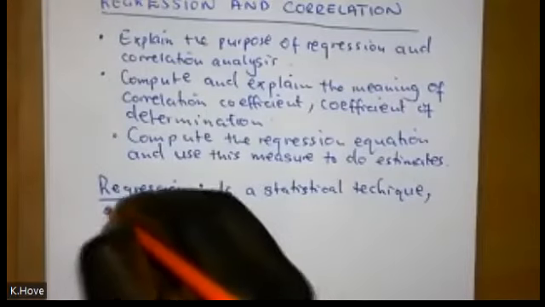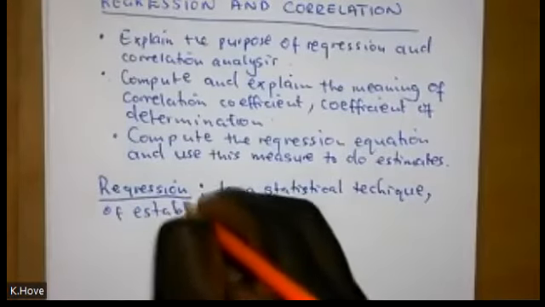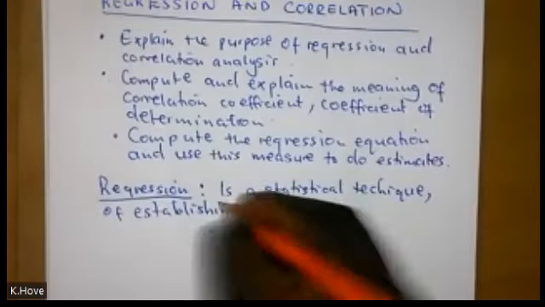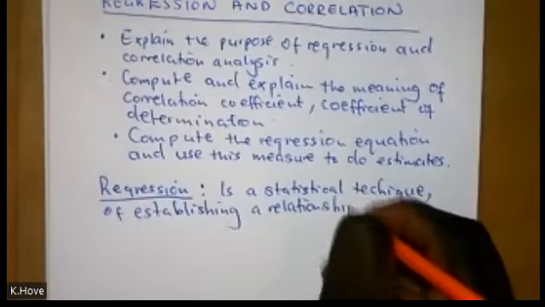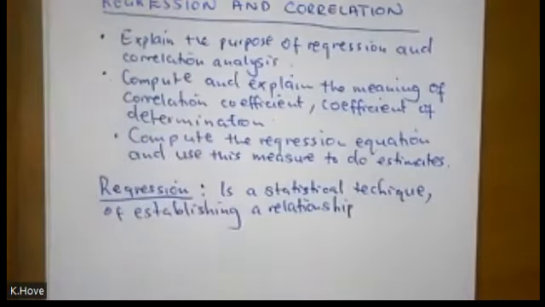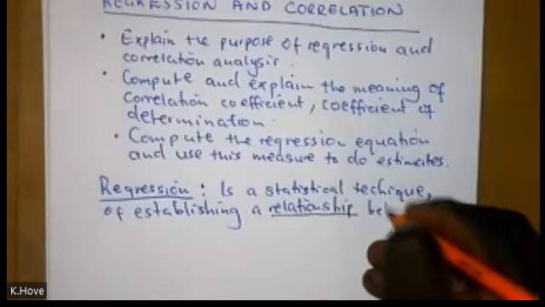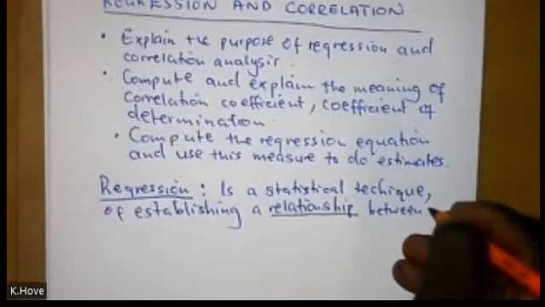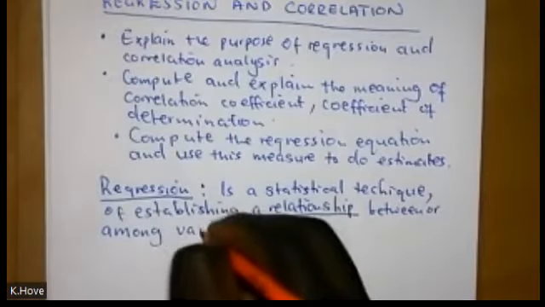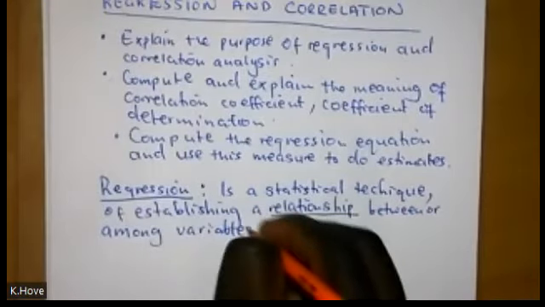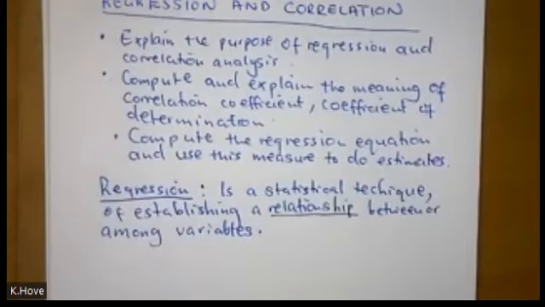It is a statistical technique of establishing a relationship, perhaps here I should underline the word relationship, between or among variables. A statistical technique of establishing a relationship between or among variables.